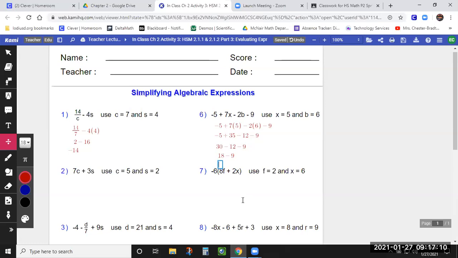So what's the final answer? 18 minus 9. What's our final answer? 9. Not the 0, 9.